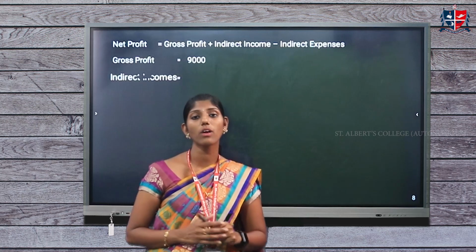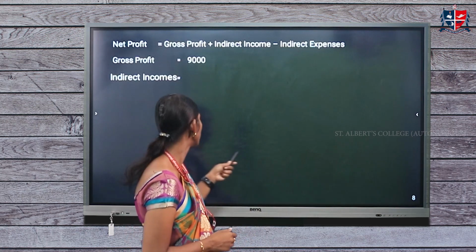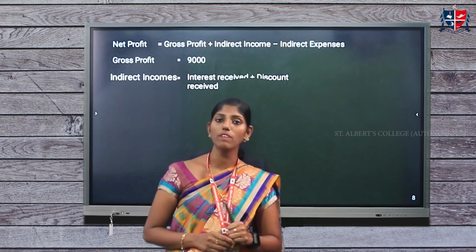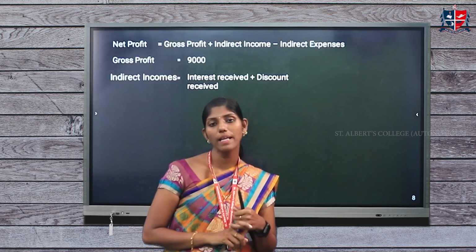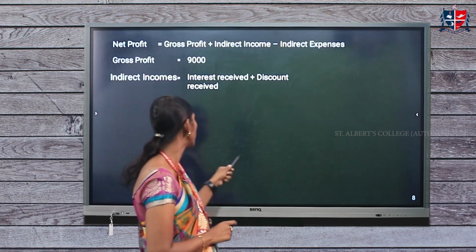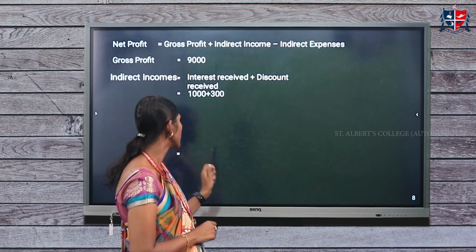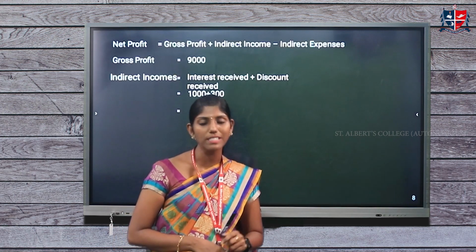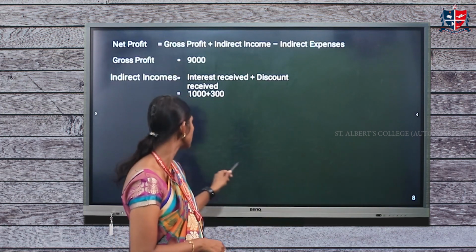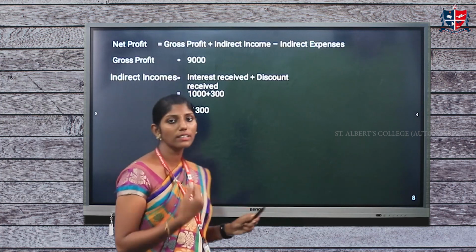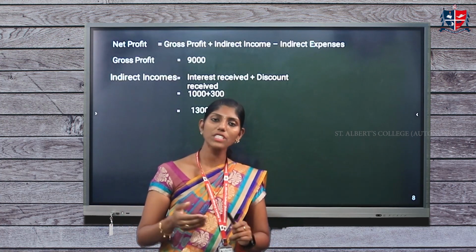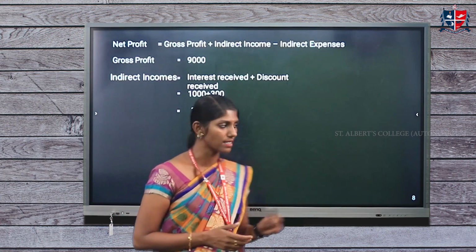Then we have to find out the indirect incomes. The indirect incomes will be the interest received plus discount received. That amounts to 1,000 plus 300, 1,300 rupees. So we got the amount of indirect incomes. Next we have to find out the indirect expenses.